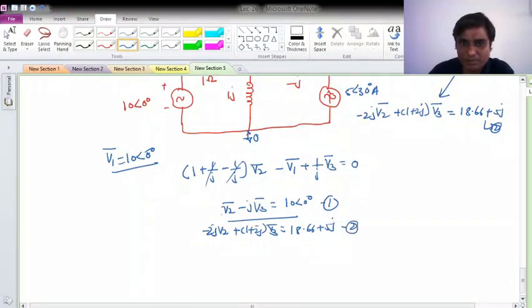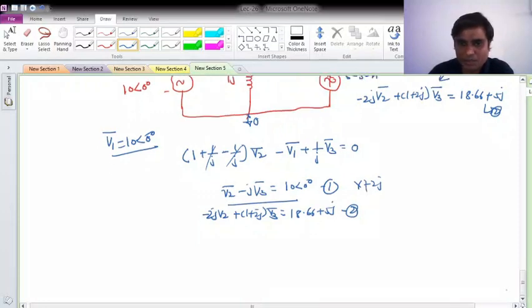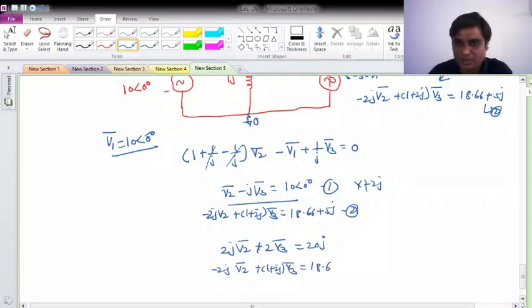Now to solve it, let me cancel V2, so multiply this with minus 2j, oh sorry, plus 2j. If we multiply with plus 2j, it will be 2j V2 phasor minus 2 V3 phasor, and it will be 10 into 2, so 20j, and this will be minus 2j V2 phasor plus 1 plus 2j V3 phasor, it is 18.66 plus 5j.